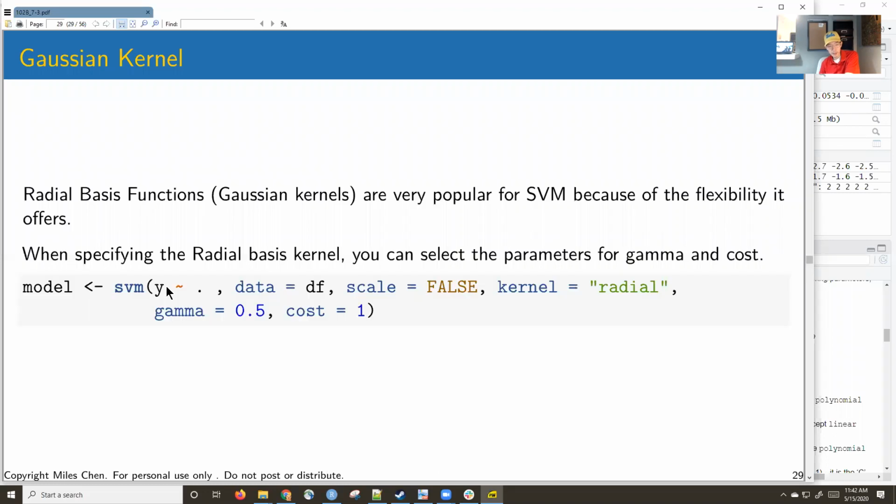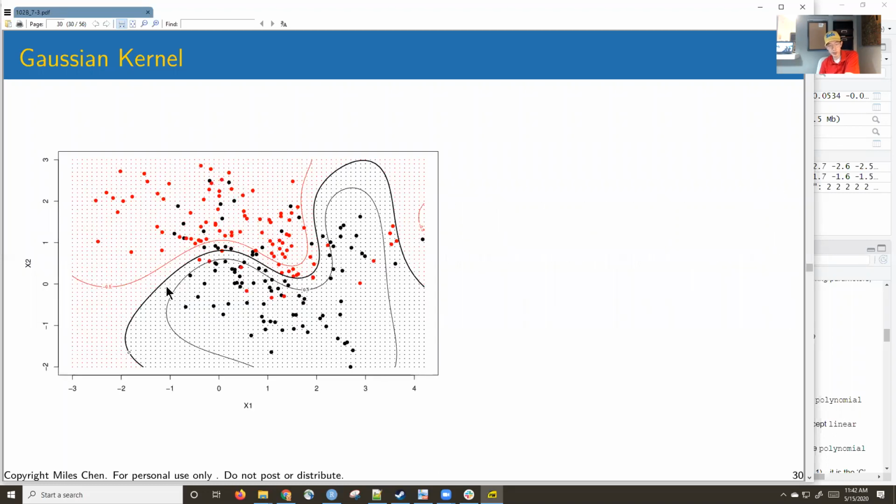So this is the plot we get, kind of the default settings. Gamma is 0.5 and cost is 1. And this is the boundary that it draws, and these are kind of parallel hyperplanes.